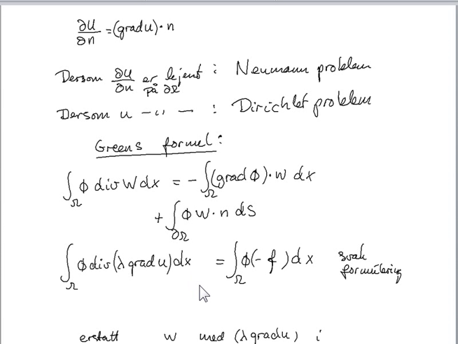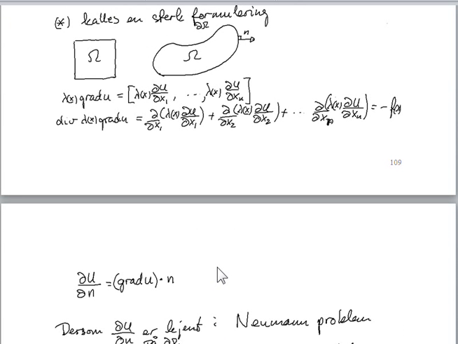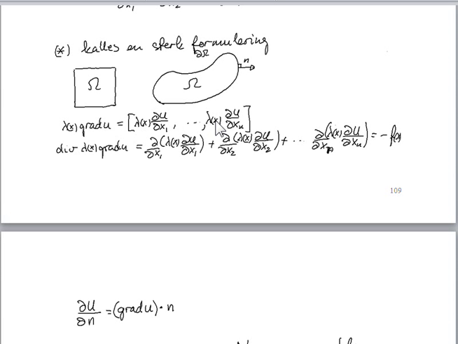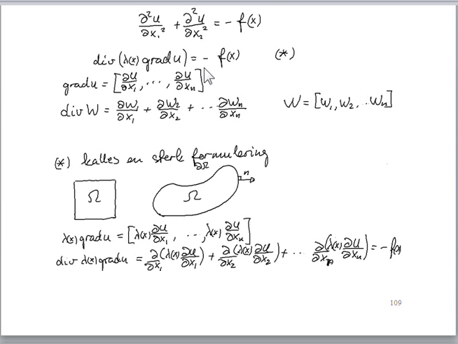So if we now do the following, we take the Poisson equation, or the generalized Poisson equation, which is of this form. We call it the star equation, and we multiply on both sides with the function phi.